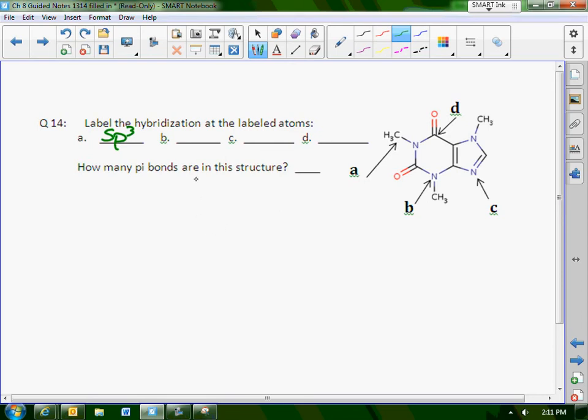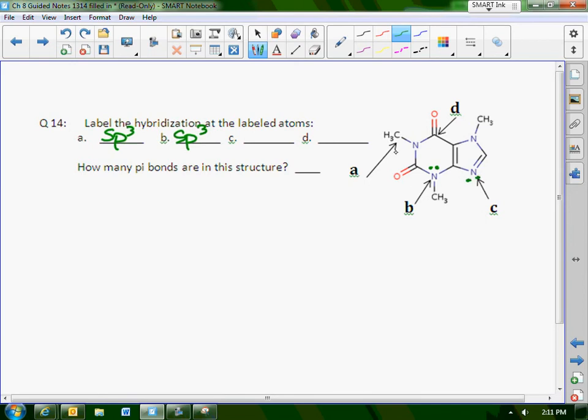Okay? So B is nitrogen, and nitrogen has 1, 2, 3, but it also has these 2 electrons right here. So that is also an sp3 hybridization. C, this nitrogen has 1, 2, 3, and remember it has those 2 electrons right there, which are part of the hybridization.